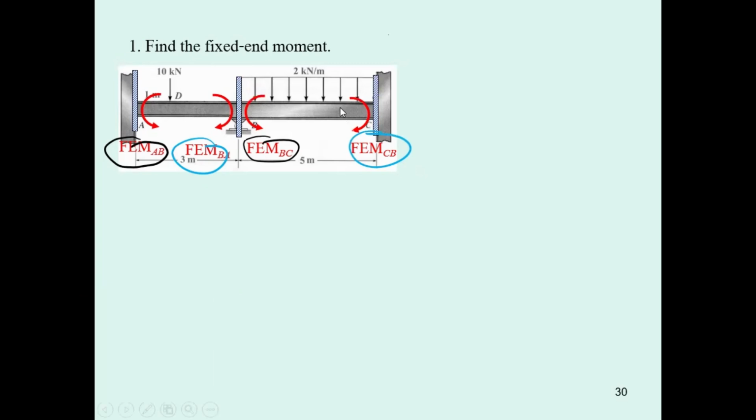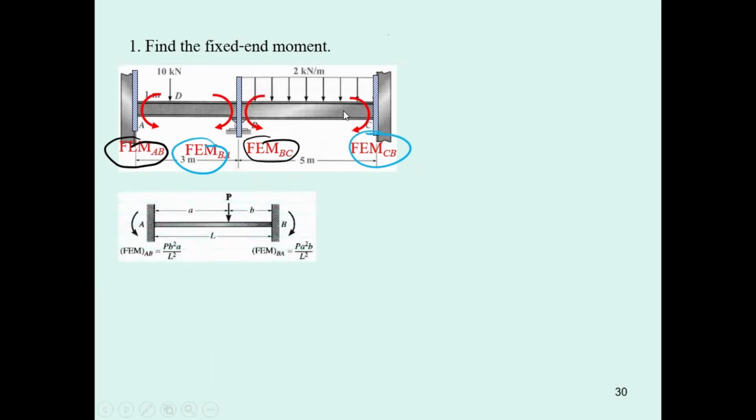Okay. And then take this one from the table the instructor provides you, and then you may see a is going to be 1 meter and b is going to be 2 meter, L is going to be 3 meter, P is going to be 10 kilonewton.